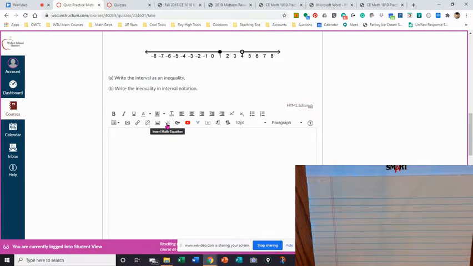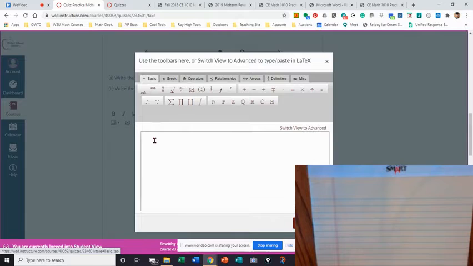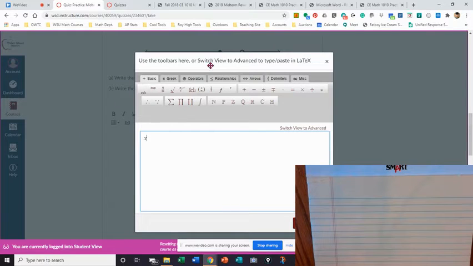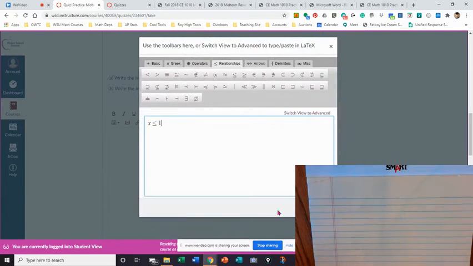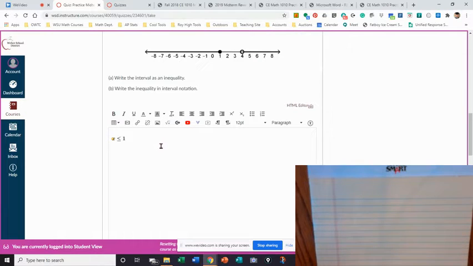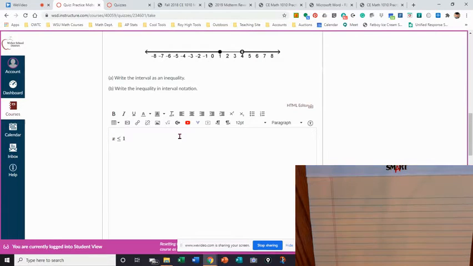But I'm going to use this cool little equation editor. X is, and then less than or equal to, let me find it up here. Relationships. Less than or equal to 1. X is less than or equal to 1. I'll insert that. Or I could do union.